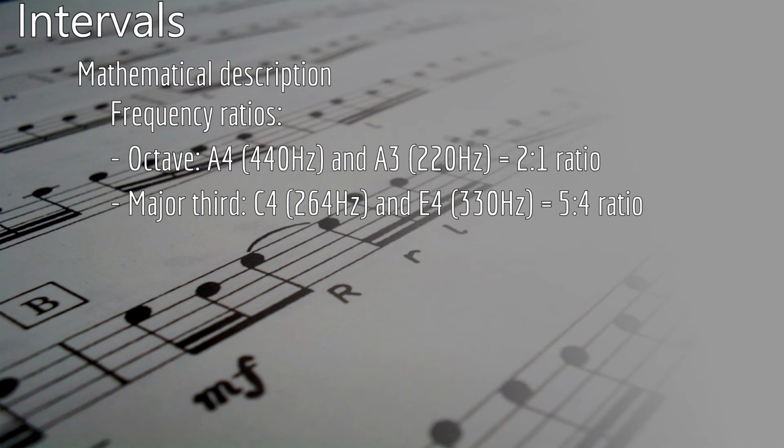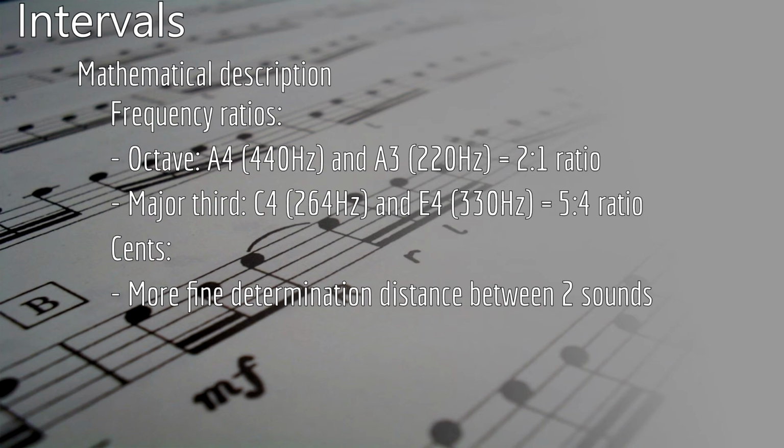And I talked about the basic intervals and then about some more specific intervals, but there's even a finer determination for the distance between two sounds, which are cents. When you have one semitone, you can divide this semitone into 100 cents. So, if you can do the math, 1 octave equals 1200 cents.